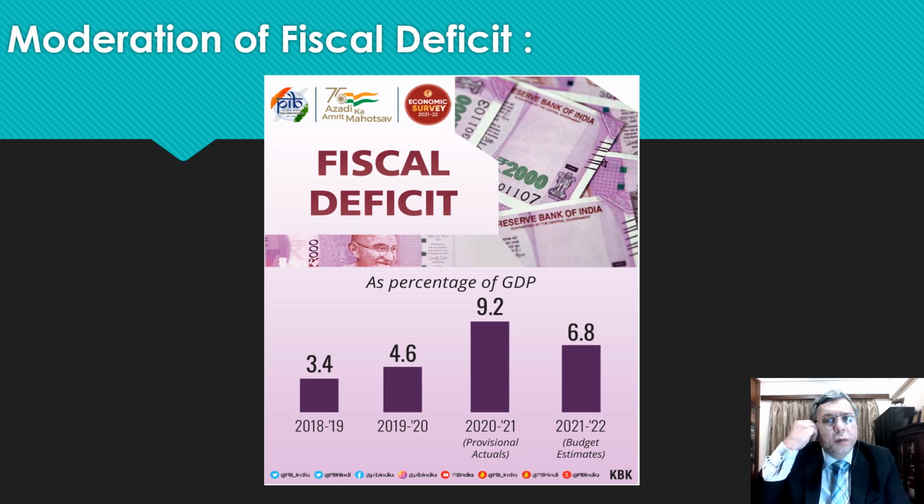So in terms of the fiscal deficit, we are seeing that as a percentage of GDP, it went up to 9.2% in 2020-21. One part was the enhanced focus that the government brought in terms of providing a safety net to the affected segments of the population, especially the farmers.